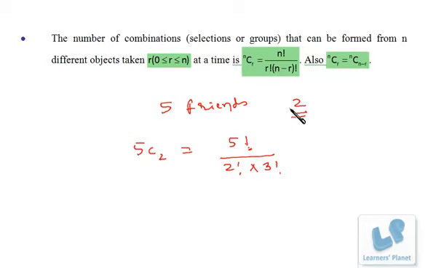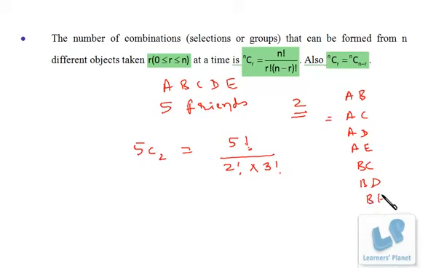Now generally if we are making combinations, what is happening over here? Suppose the 5 friends are A, B, C, D, E. As we have done in the previous examples, we got the 10 combinations. It is AB, AC, AD, AE, BC, BD, BE, then CD, CE, and then DE.